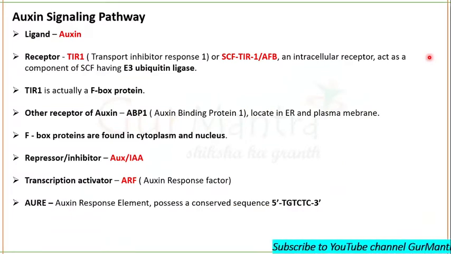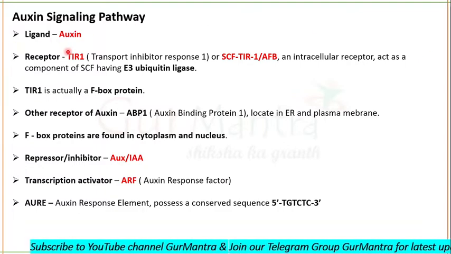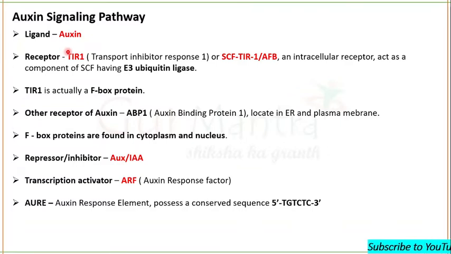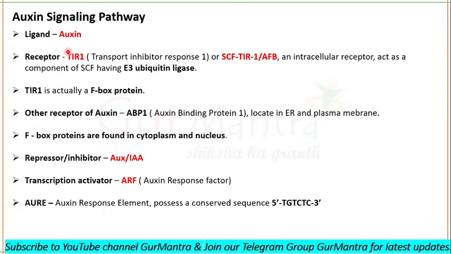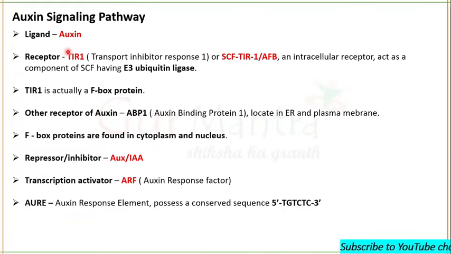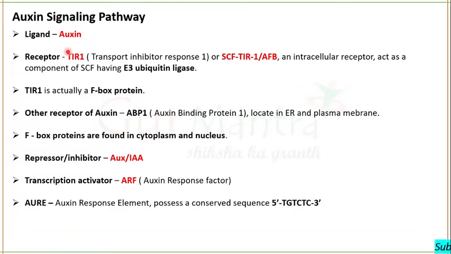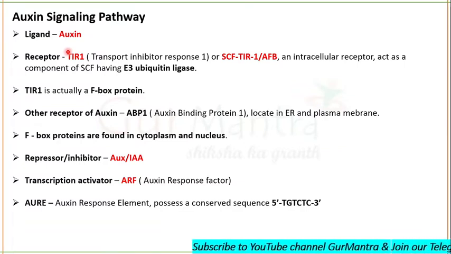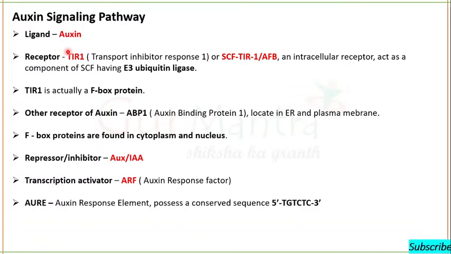Remember one thing: when you are studying these pathways, you will see some terms like ligand, receptors, repressor, transcription factors, responsive elements, responsive genes. These terms will be common to all the different hormone signaling pathways, but the ligand will be different for the auxin signaling pathway, and different for a gibberellin or abscisic acid signaling pathway.